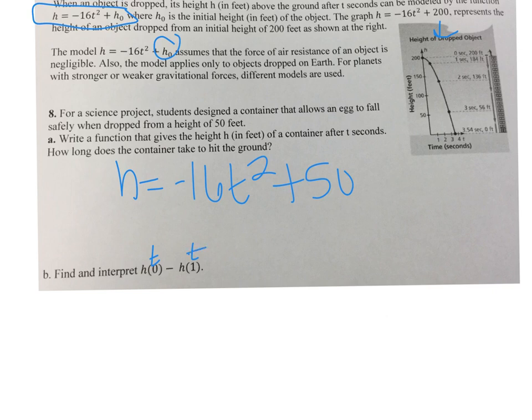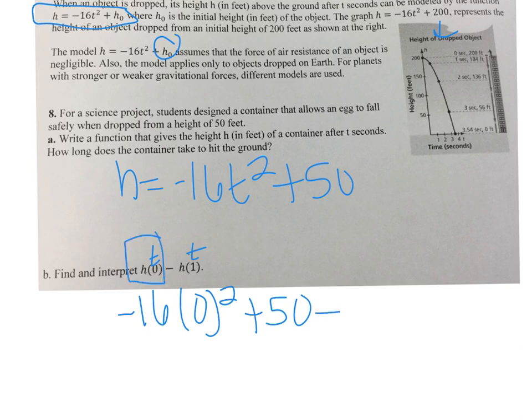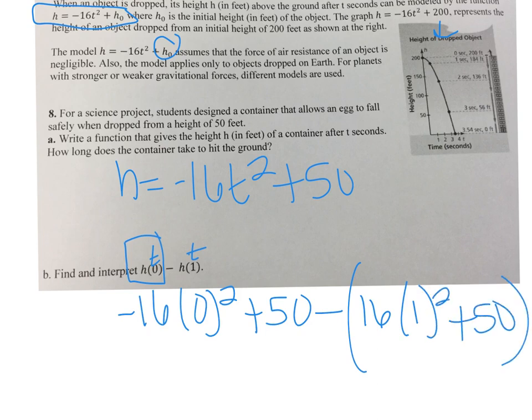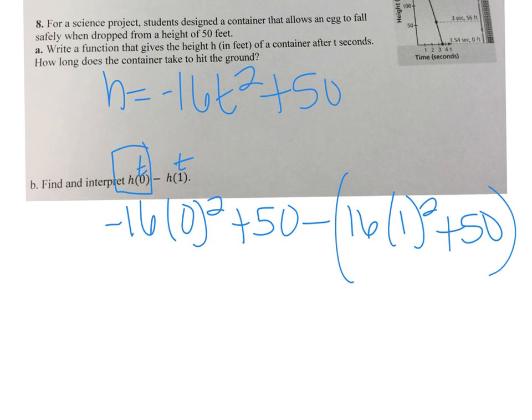To make it simpler, I'm going to say negative 16 times 0 squared plus 50, that's for the first piece, minus all of that together, negative 16 times 1 squared plus 50. I want to subtract that whole piece. I don't want it to just subtract 16, so that's why I have all that in parentheses so it'll stay together. I want to subtract everything from that second equation.